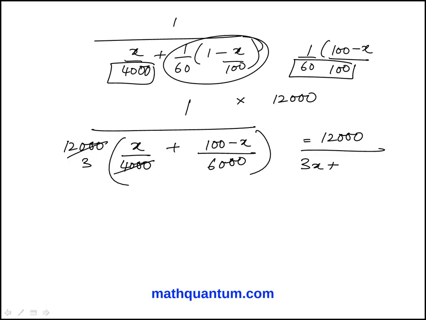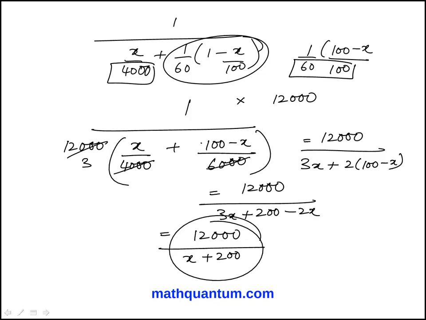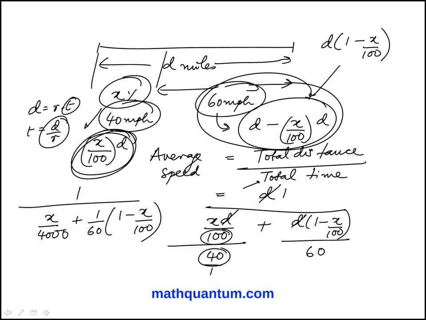And then here I would get a 2 in front, so 2 times 100 minus x. I'm not showing you all the details here, but when you're actually doing this in the exam, you want to go pretty fast. So it's 12,000 over x plus 200, and that is the same as answer choice E. So that would be the direct way to do it. You do have to go through this algebra.